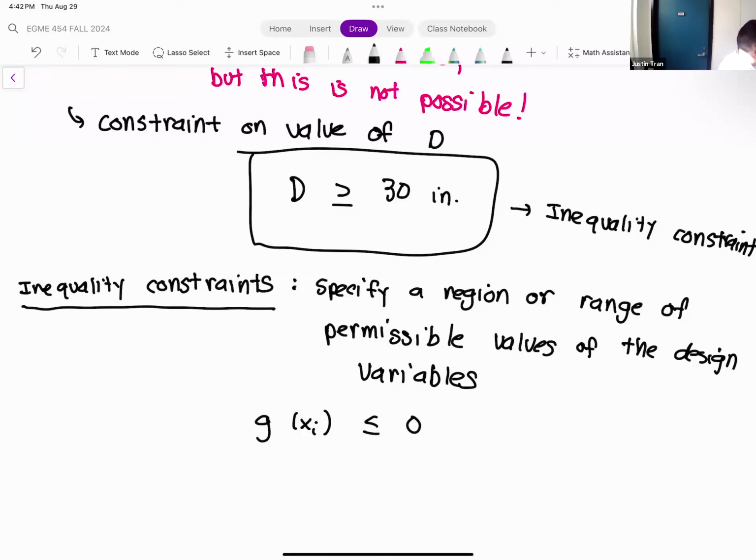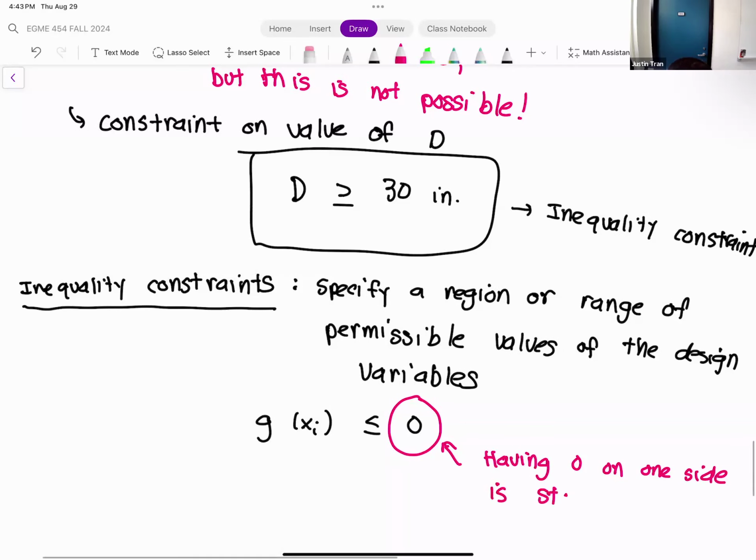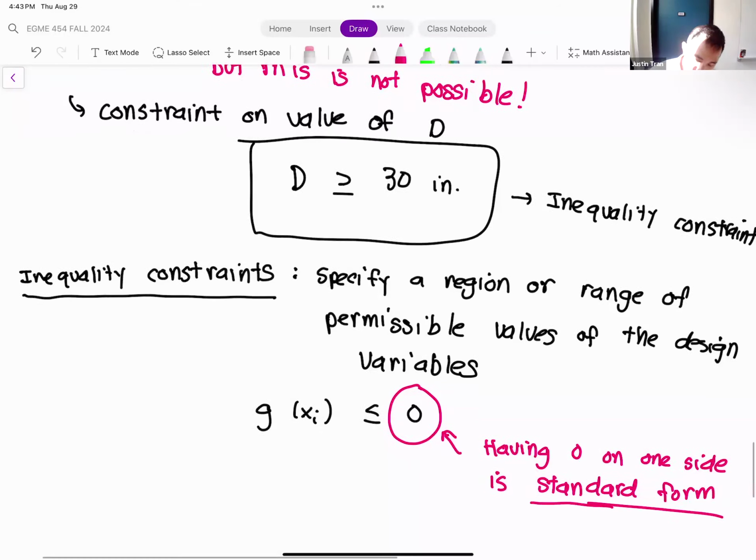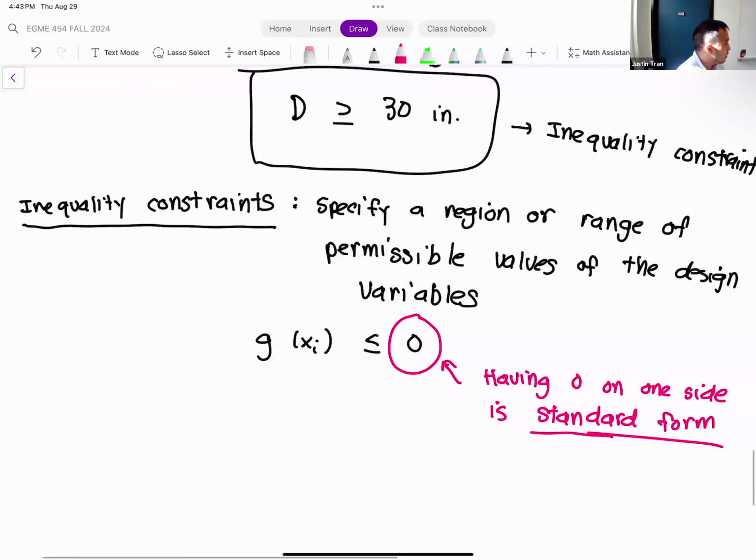When you have 0 on one side of the equation, that's what's generally known as the standard form of the constraint.